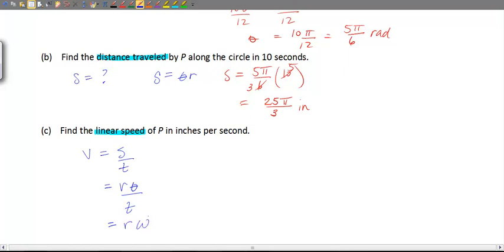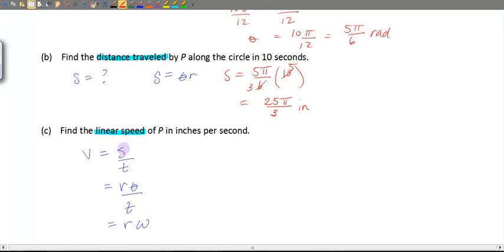It doesn't really matter which one of these formulas we use at this point, because this question comes at the end of all the information we have found. We know S, T, R, theta, and W.